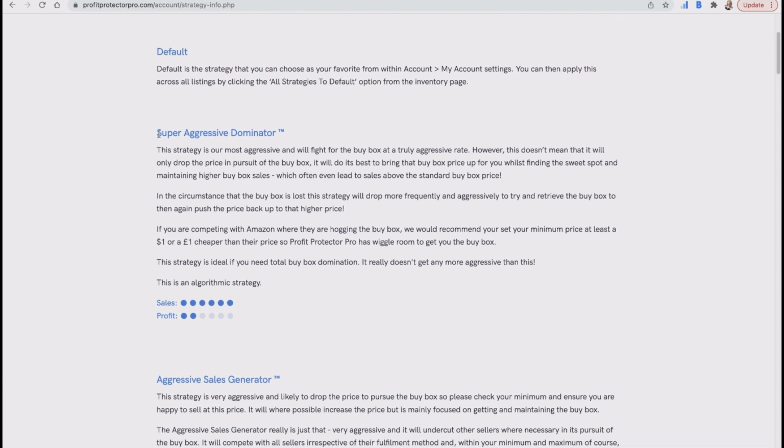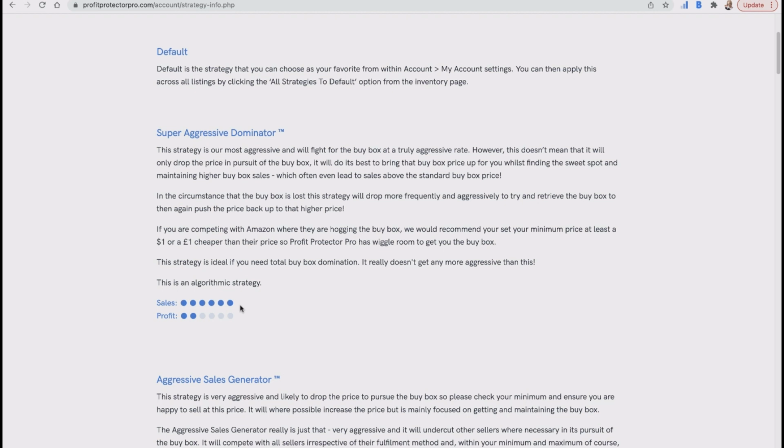So this, for instance, super aggressive dominator is the most aggressive strategy that there is. So it's all sales focused. There's some profit focus. It will still try and push up that buy box and that price that the customer pays, but it's really focused on sales, as you can see. And that means it's more likely to do that undercutting thing that we talked about earlier, or matching the buy box, or trying to get the sales.